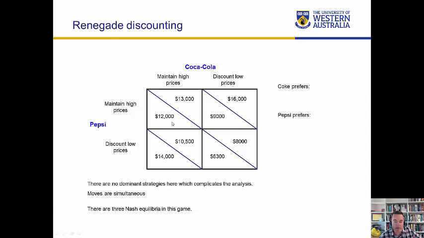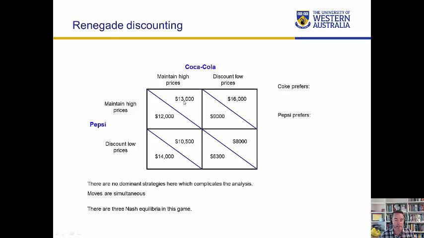Now, the next question is, well, which part of this matrix does Coke prefer? Coke prefers the upper right-hand quadrant because if they set a low price and Pepsi maintains a high price, Coke earns 16. But Pepsi's not going to live with the $9,000 profit under that particular set of strategies. So let's assume that the game starts off with high prices.